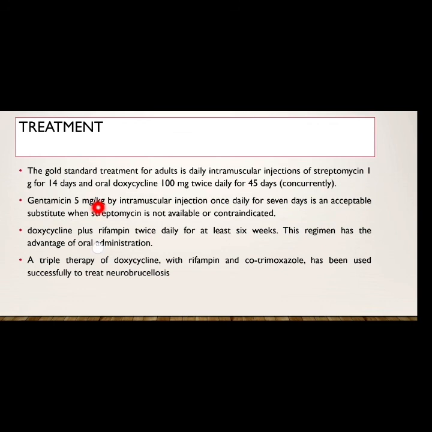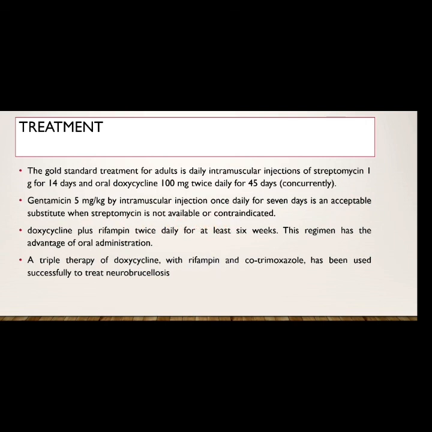The alternative treatment is the use of gentamicin, 5 milligrams per kg by intramuscular injection once daily for 7 days, an acceptable substitute when streptomycin is not available or contraindicated.